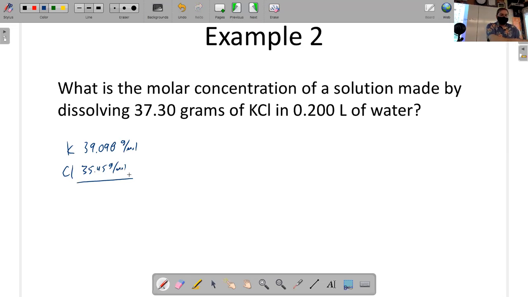Figure out what the formula mass for potassium chloride is, because we're going to need the formula mass of potassium chloride to convert from grams into number of moles. 39.098 and 35.45, that's 74.548.